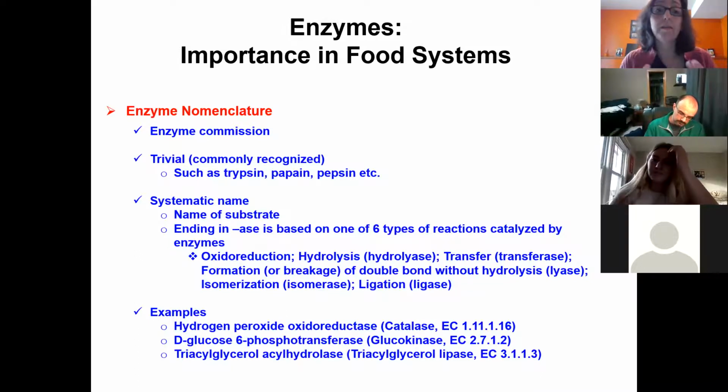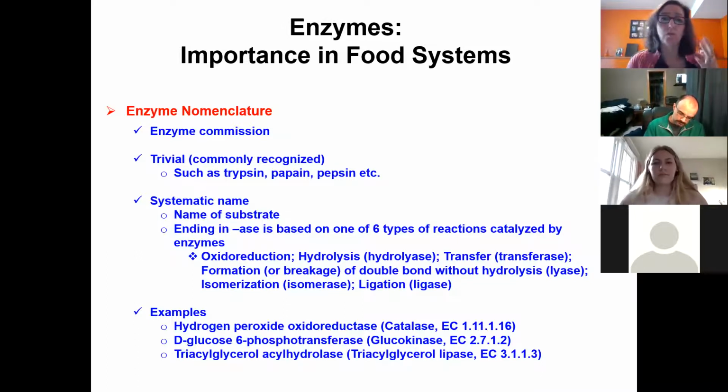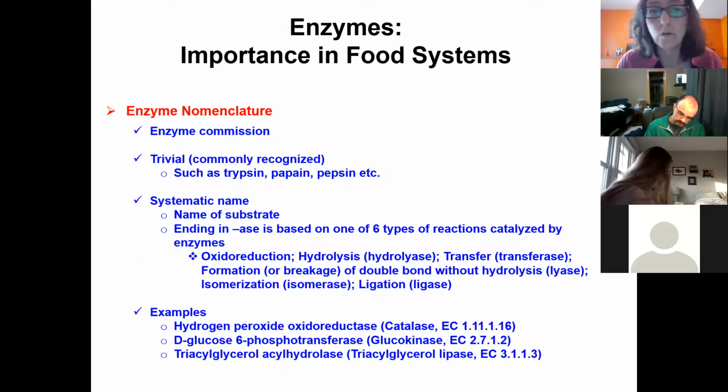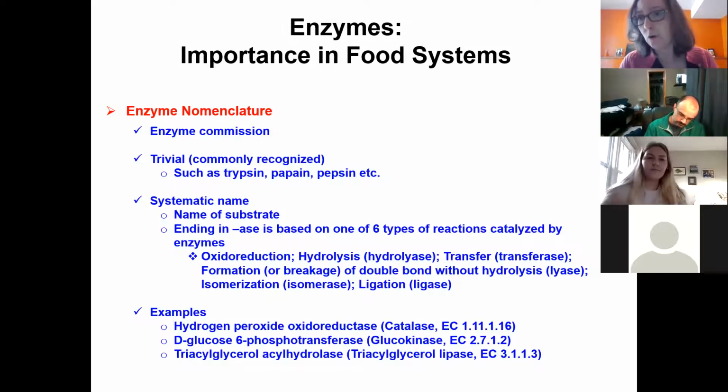So enzymes have common names. So for example, trypsin means nothing. When you hear trypsin, you don't know if it is a hydrolase, unless you know, but people might not know. Does it hydrolyze proteins, does it hydrolyze carbohydrate? What is it? It's trypsin. So it's a common name, like papain, pepsin.